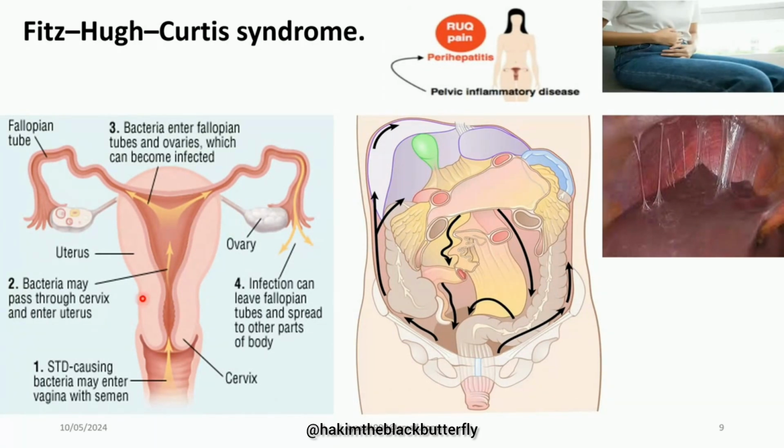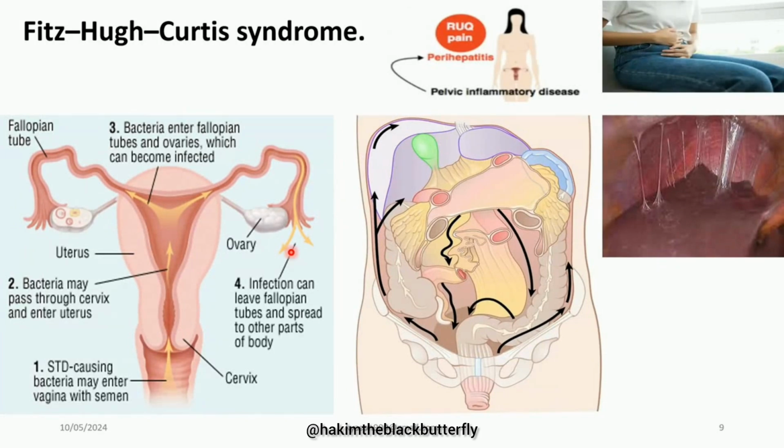So in this image, someone has an STD caused by any bacteria like chlamydia. This infection can spread through the tube to affect other structures within the pelvic cavity or the peritoneal cavity.